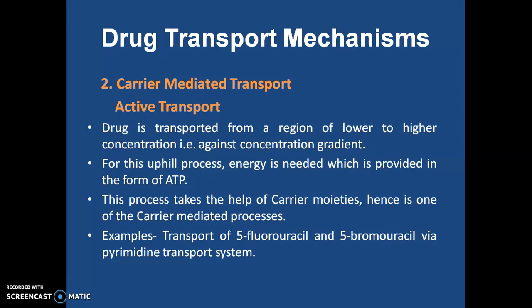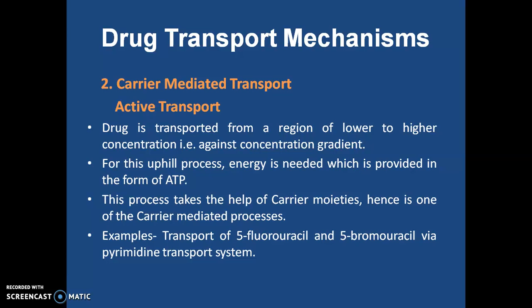The second of the carrier mediated transport is the active transport process. In this, the drug is transported from a region of lower to higher concentration, that is, the process occurs against the concentration gradient. As this is an uphill process, energy expenditure is needed, which is provided in the form of ATP molecules.